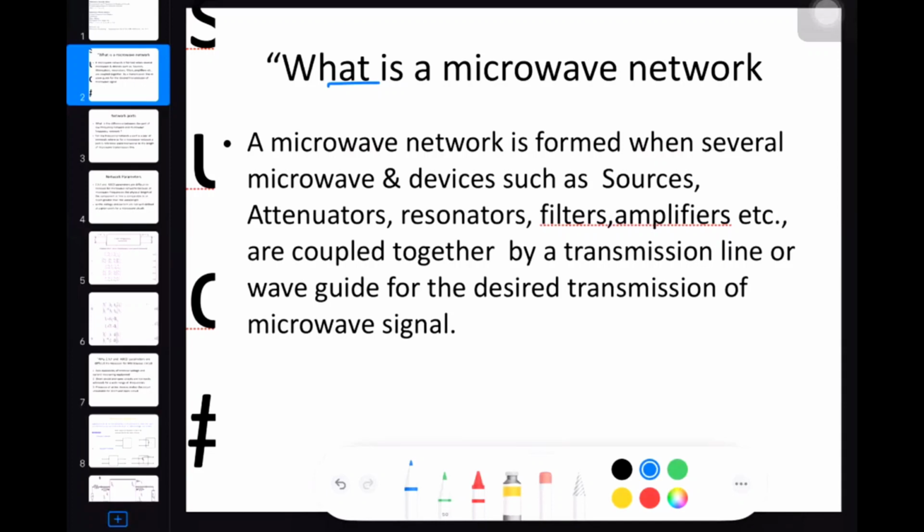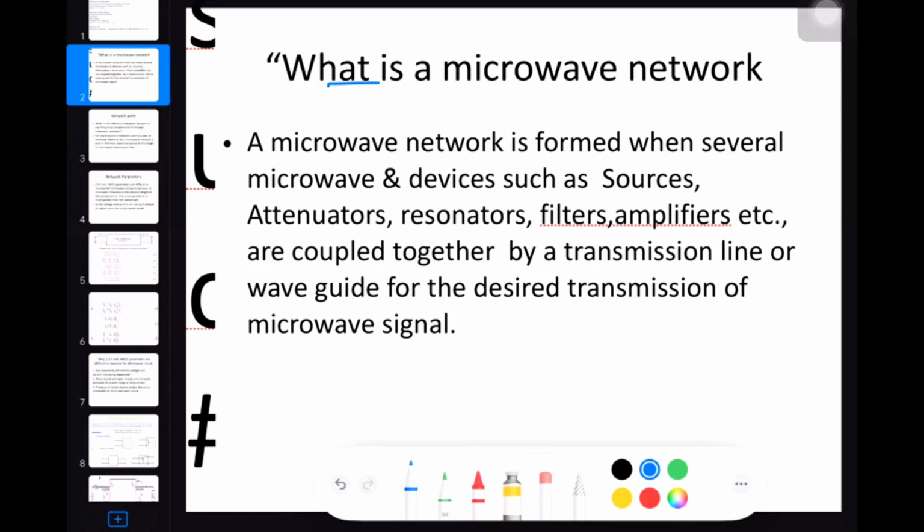Okay, so like that, when we connect the active devices and passive devices together, they form a network which is called a microwave network. And all those devices which we connect will be operating only in the microwave frequency range. Okay, so that is what we call a microwave network.